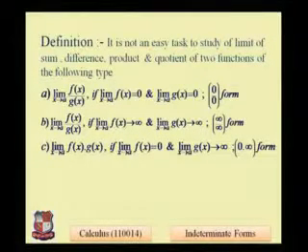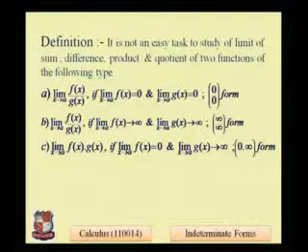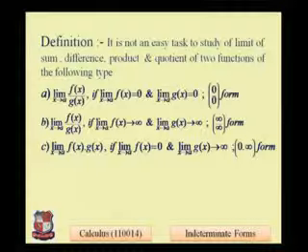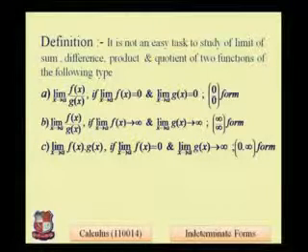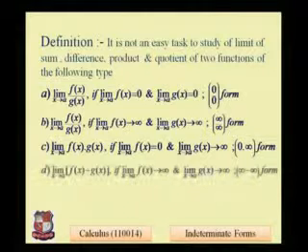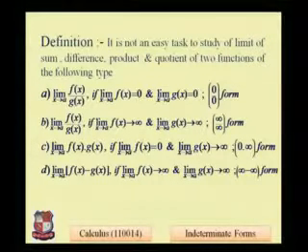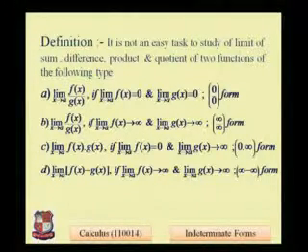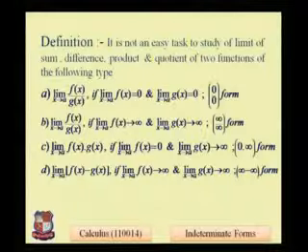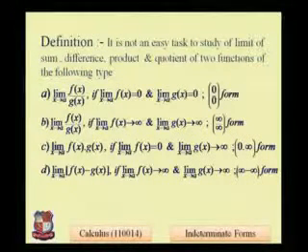Now we consider the product of two functions as x tends to a. If one function is equal to 0 and another function tends to infinity as x tends to a, then we have 0 into infinity form. Then next is the subtraction of two functions. Limit x tends to a, if both functions approach infinity, then we have an infinity minus infinity indeterminate form.